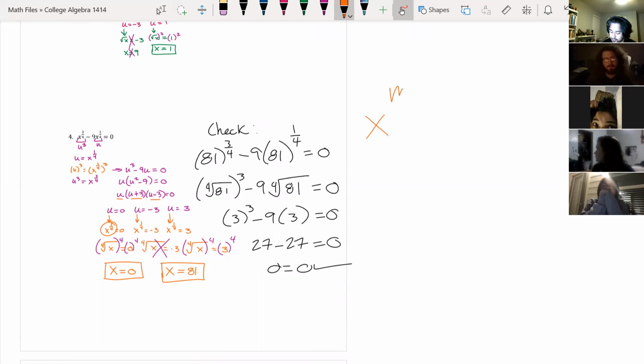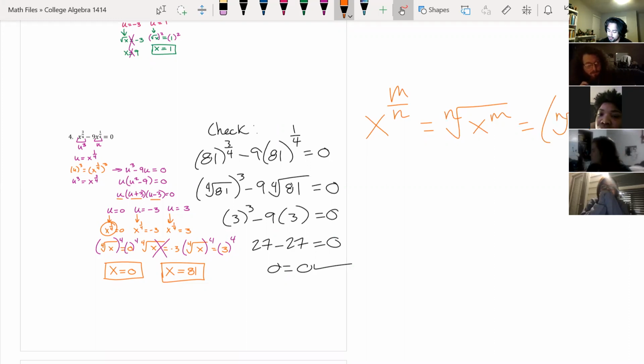All right, y'all, real fast. What are 2 ways to rewrite x to the m over n? The nth root of x to the m power. And one more. You can also leave the m on the x, like this one.